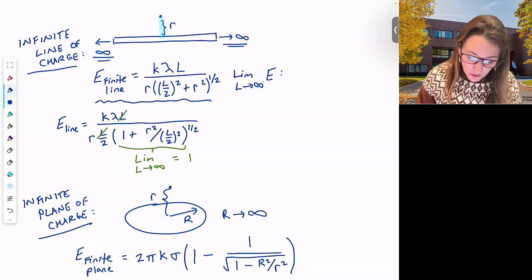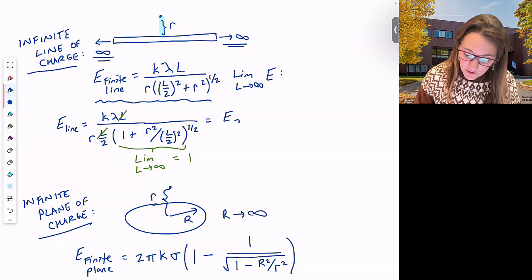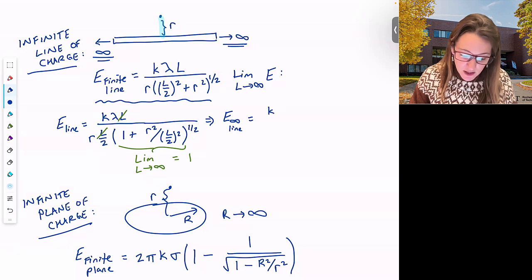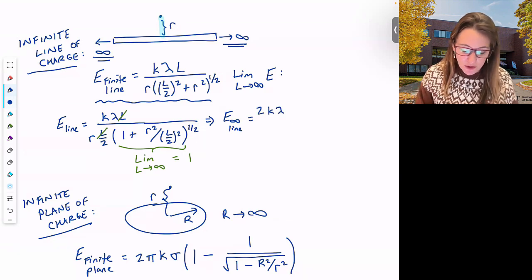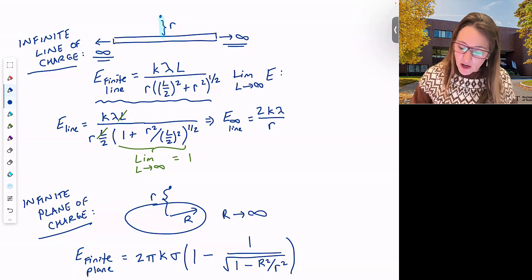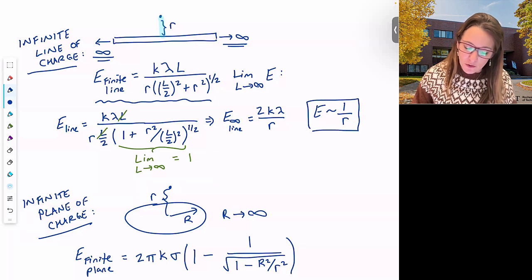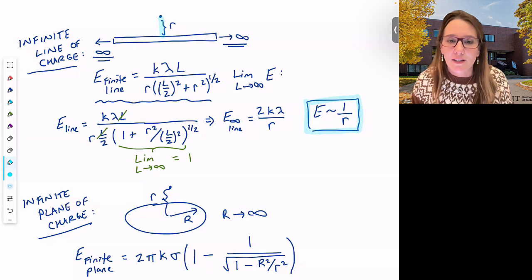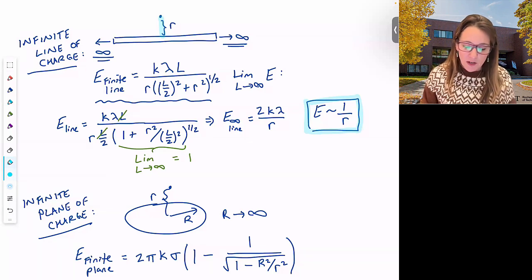So the E field of an infinite line will give me k lambda, with a 2 on the top because of that L over 2 I pulled out, all over r. Very interestingly, for a line this goes as 1 over r. That's our result for an infinite line of charge.